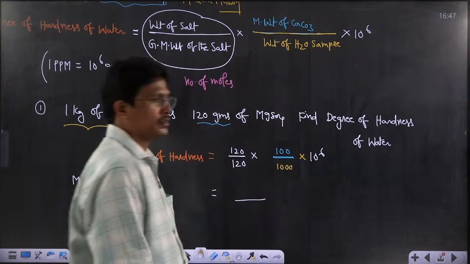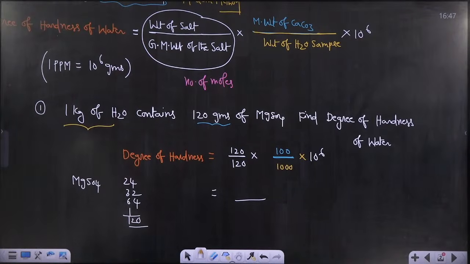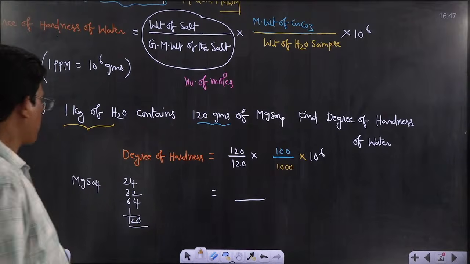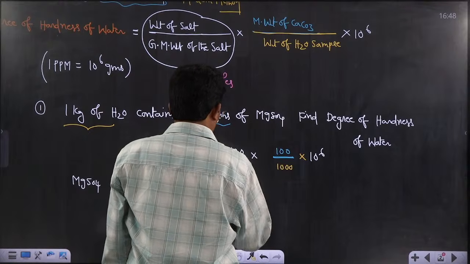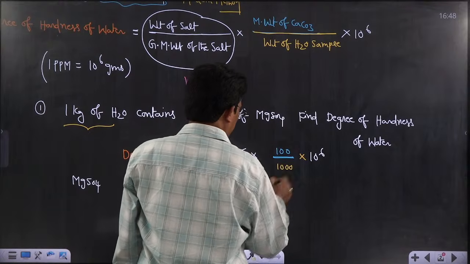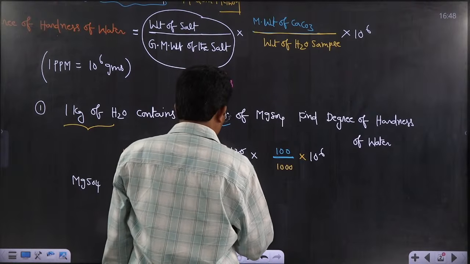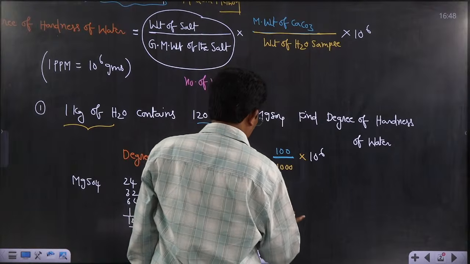Okay. 120 cancels. So finally we get 10 power 5 ppm of CaCO3.